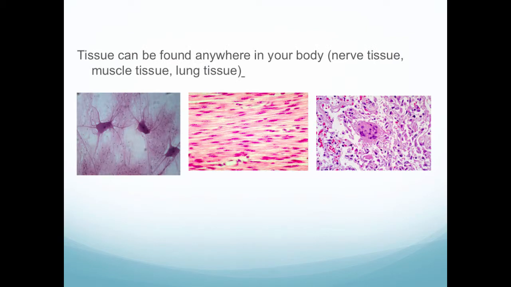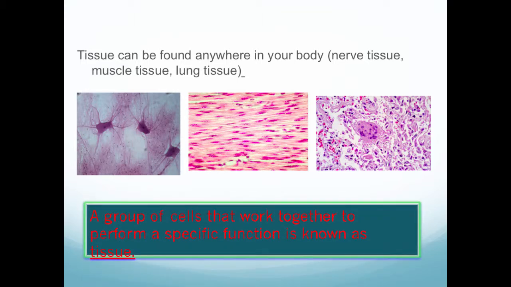Tissue. Tissue can be found anywhere in your body. There's nervous tissue, muscular tissue, lung tissue. However, if you take a group of cells that are working together to perform a specific function, that is called a tissue. Now look at the picture on the far left. That is nervous tissue. Can you see how there are multiple neuron cells working together to create nervous tissue?